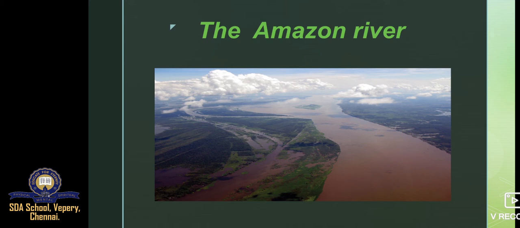It flows eastward across Brazil, where many large rivers join it to form the largest river system in the world. At some places, it is so wide that one cannot see the opposite bank. It is an important waterway which connects the ocean to the interior of the continent.